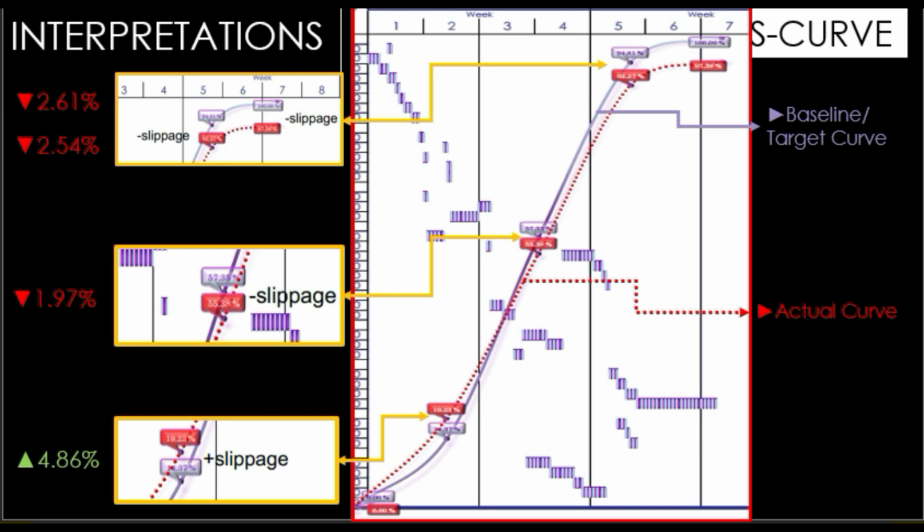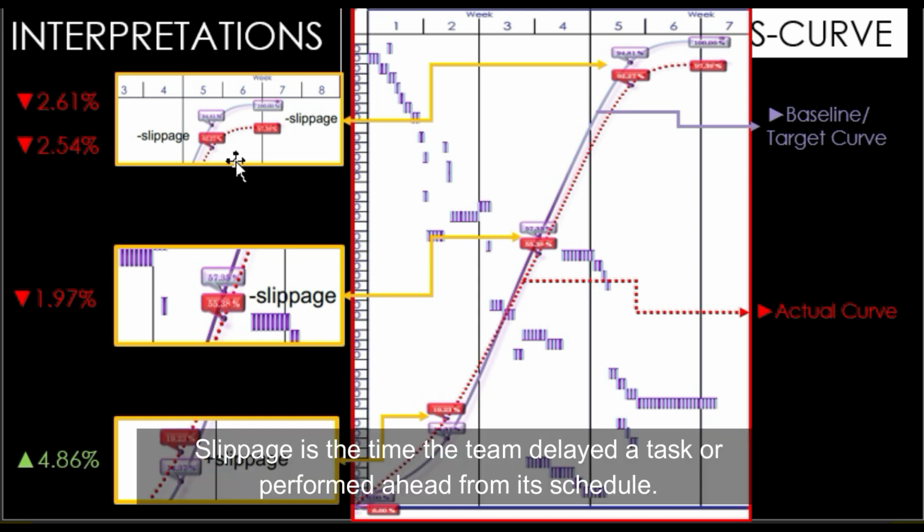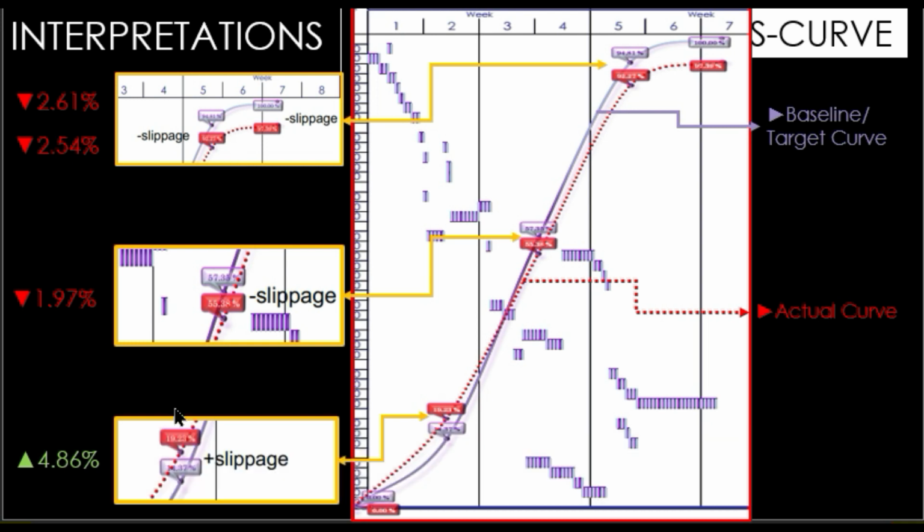We observed that the actual progress is no longer meeting the required target duration. Slippage is the time when the team is delayed, a task is delayed, or a task is underperformed or ahead of its schedule. It could be negative or positive.